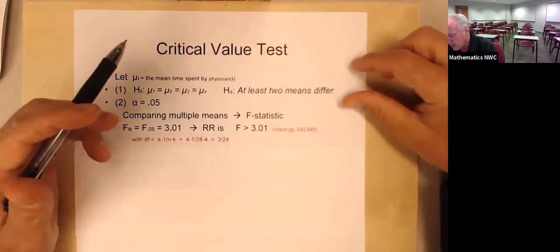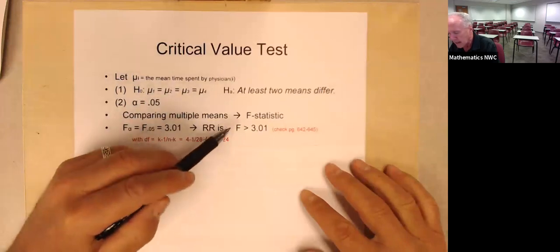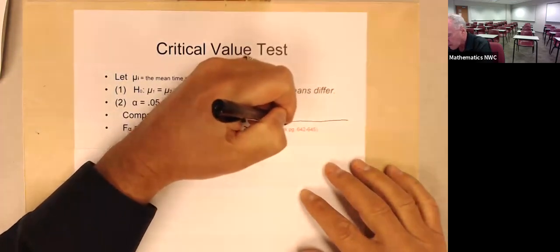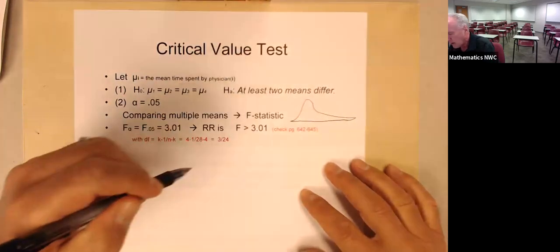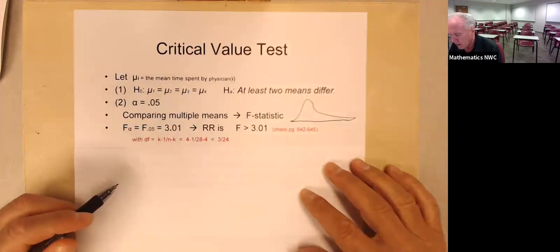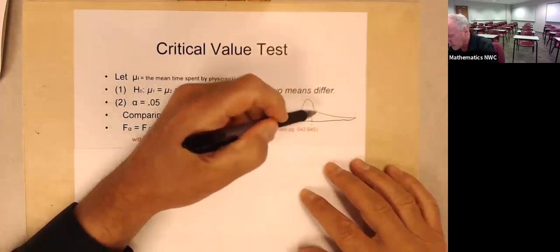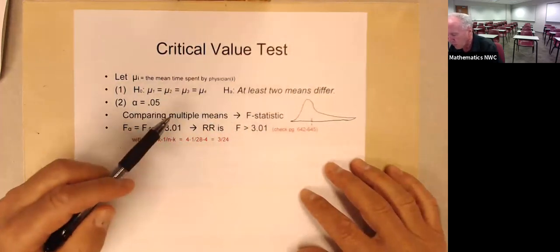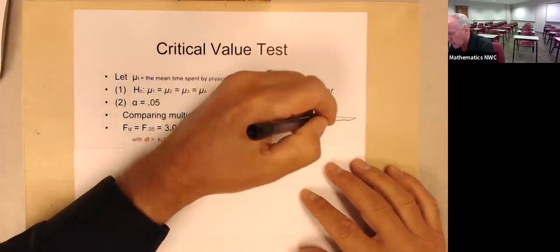First of all, something you need to be aware of: the F distribution is not symmetric. The F distribution looks like this. It is skewed right. The 1 is about in here someplace. Remember, we said if F is close to 1, it's within reasonable variance. Our line in the sand was at 3.